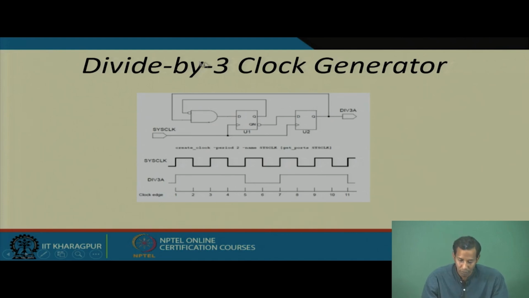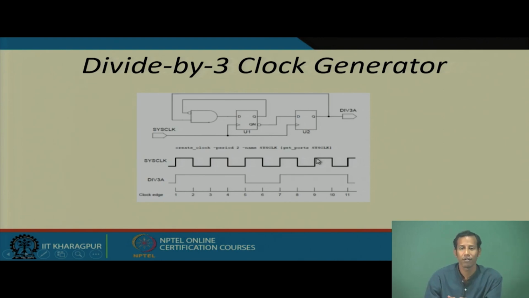For divide by 5, what you have to do? Again you have to count up to 4, that means 0, 1, 2, 3, 4. So, 4 of these edges will be counted. Whenever it finds that the 4 clock cycles have been counted, immediately it will come down to 0.